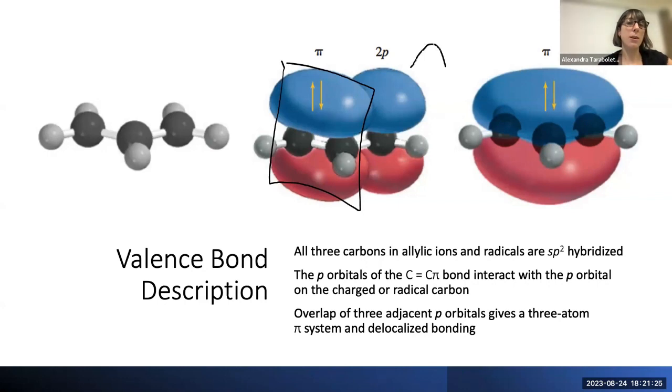And when you create one of the scenarios that I gave, either with the cation, the anion, or the radical, you create this unhybridized p orbital, and essentially they can all now overlap. That's how you get this resonance. That's also what's happening in conjugation. You just get a continuous elongation of this in a conjugated system. It's all about the p orbitals.